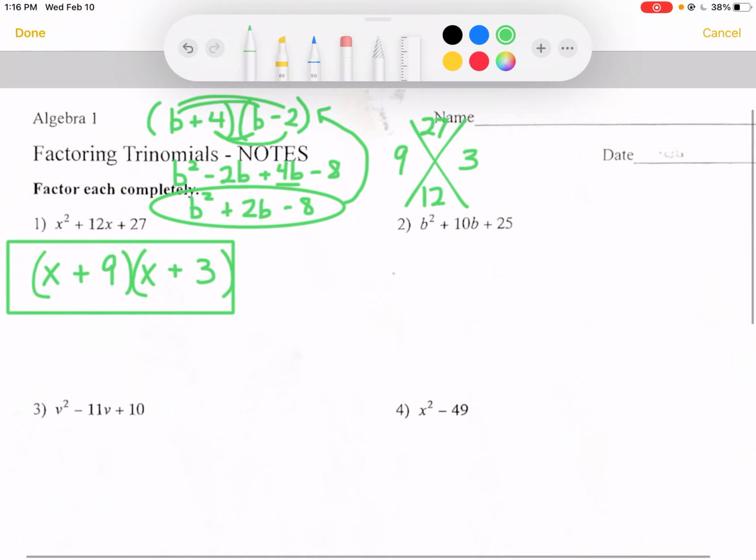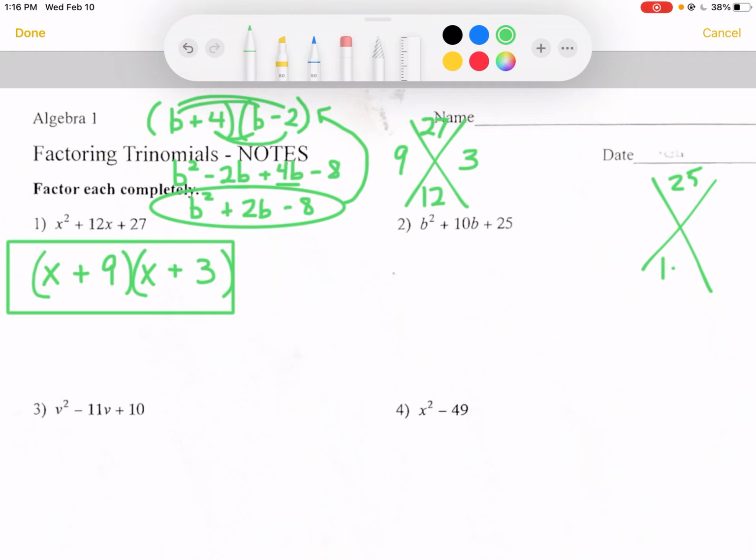If the x method helps you, then make the x. For number 2, the x would be 25 and 10. And you'd be looking for two things multiplying together to 25 that add up to 10. So could we try 5 and 5? They multiply to 25, they add to 10.